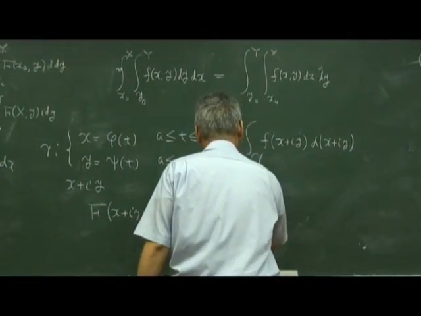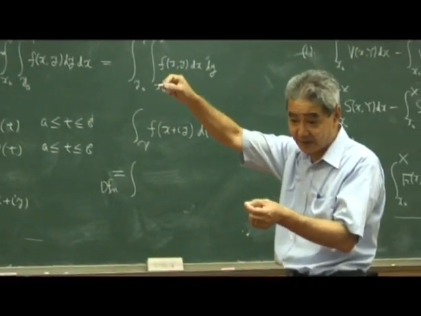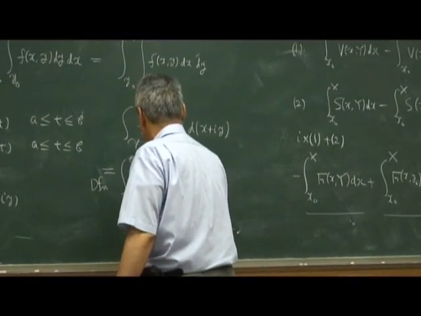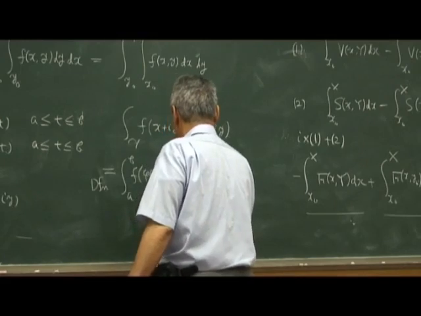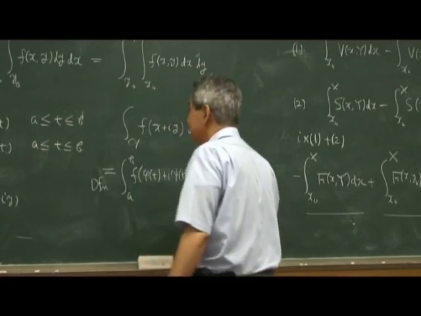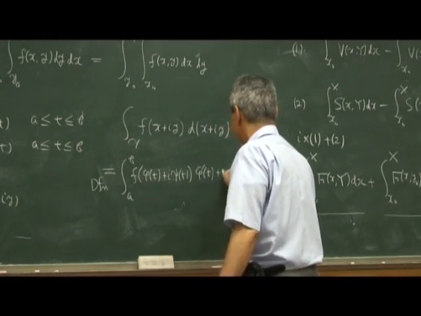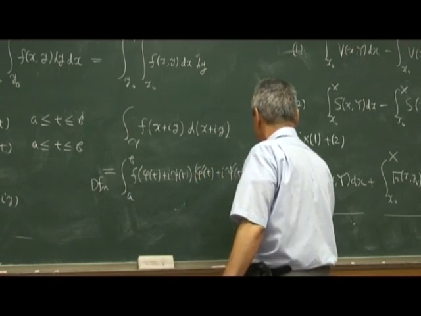The definition of the integral along some path of the complex valued function is given by the integral from a to b of f(phi t plus i psi t) times (phi prime t plus i psi prime t) dt.